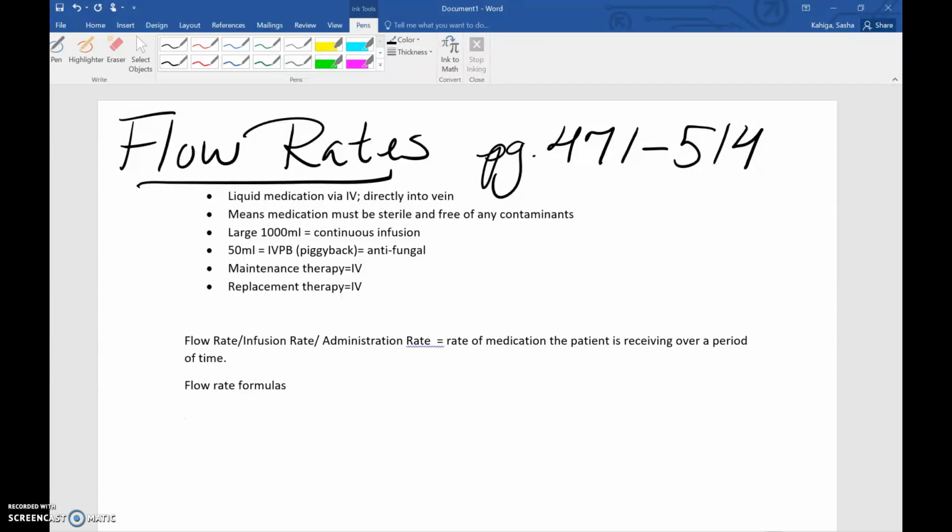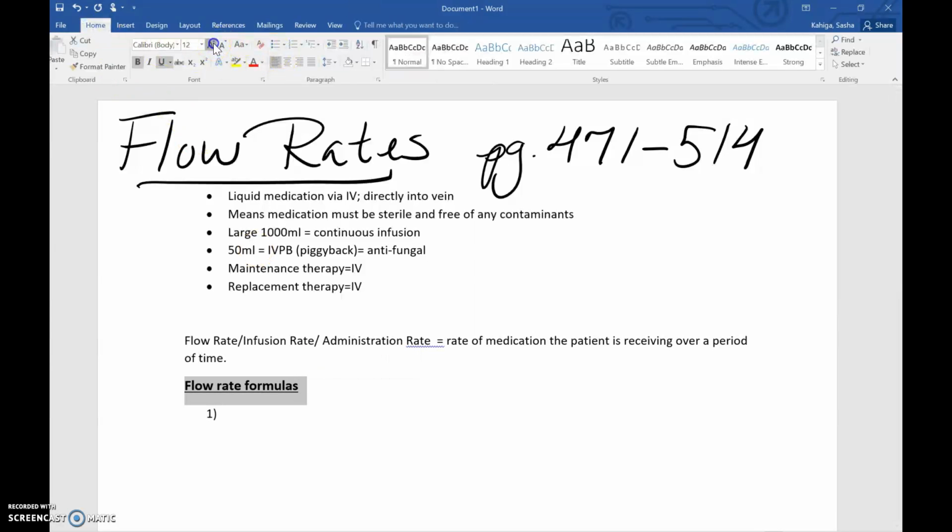These formulas are actually listed on your conversion sheet that was given to you at the very beginning of the semester.